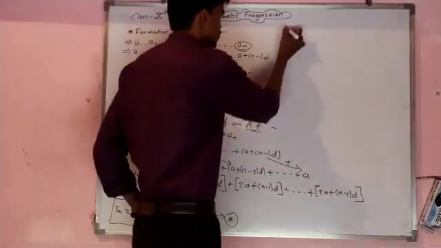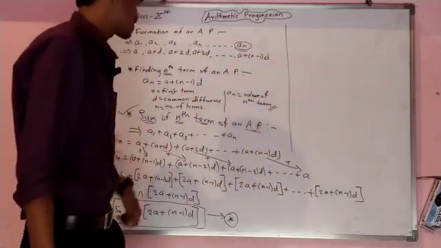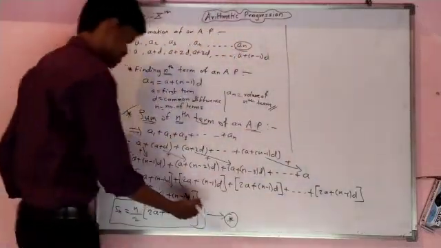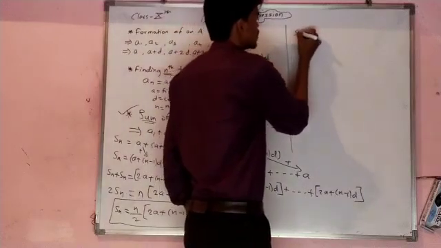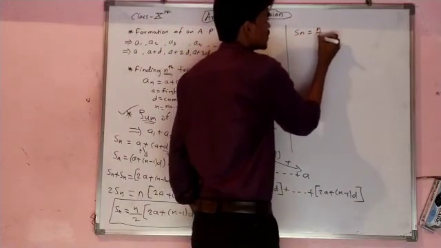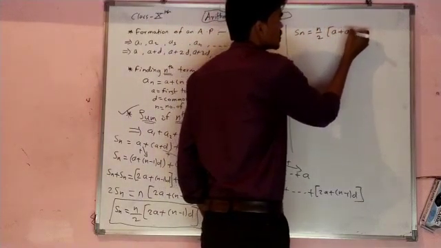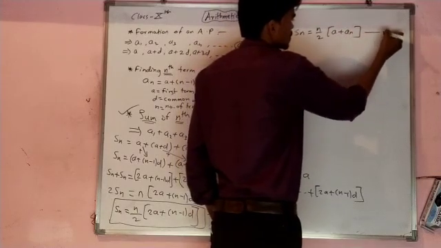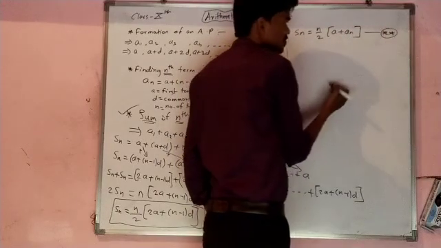After this there are two more formulas for the sum. This is the first one, and another one is Sn is equal to n by 2 into a plus an. So here is the second formula for the sum.